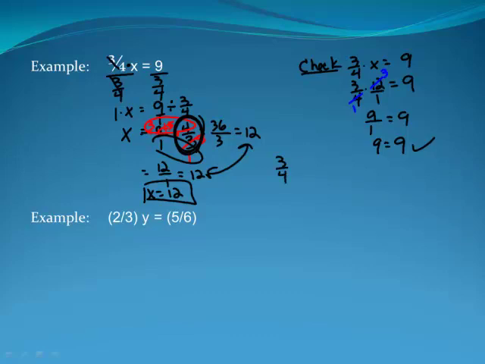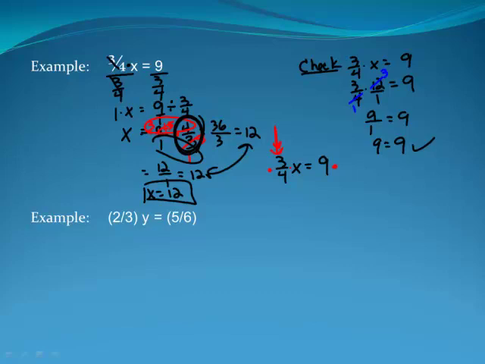We've got 3/4 times x is equal to 9. Look at the fraction that is being multiplied to the variable. Don't look at any fraction on the other side of the equation, just the fraction that's being multiplied to the variable. And the shortcut way to clear that out is to multiply both sides by the reciprocal of this fraction.